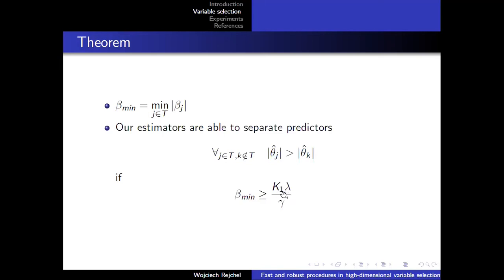So here some number times lambda, which is the tuning parameter, and here we have gamma. And again, for instance, in the linear model with Lasso penalty, you would have a very similar result like here, but there is no gamma in the denominator, of course.